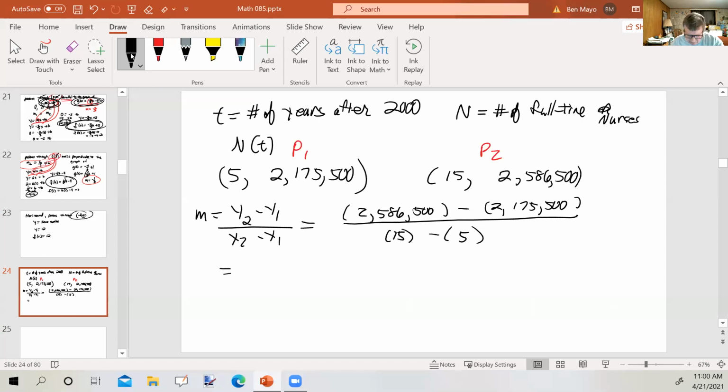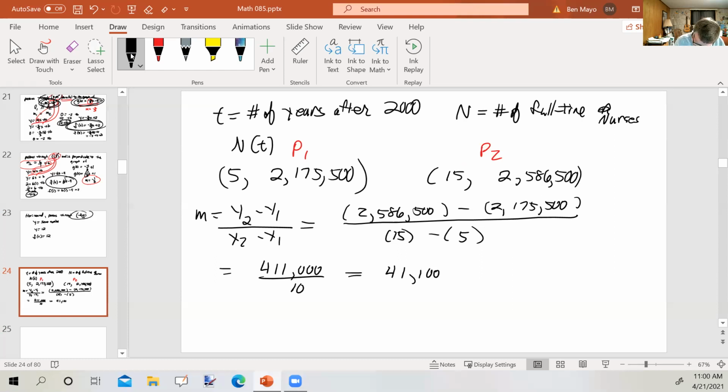All right, calculator time. We're going to take 2,586,500 minus 2,175,500, and we get 411,000. Divided by 15 minus 5 is 10. Dividing the top by 10, we get 41,100.